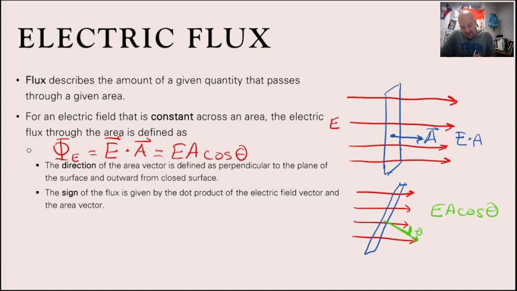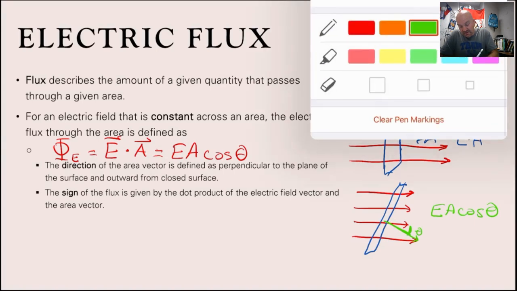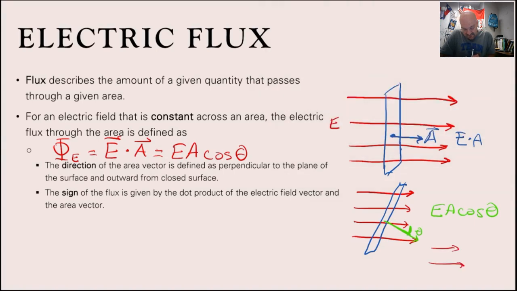And then the last part would be if my area is laying flat in this electric field, where the angle is 90 degrees because your area vector points up. This would have a flux of 0 because nothing passes through it.